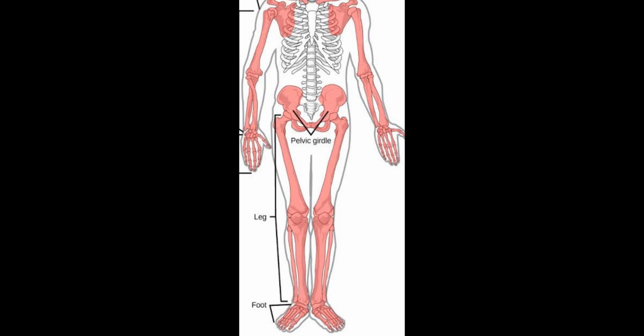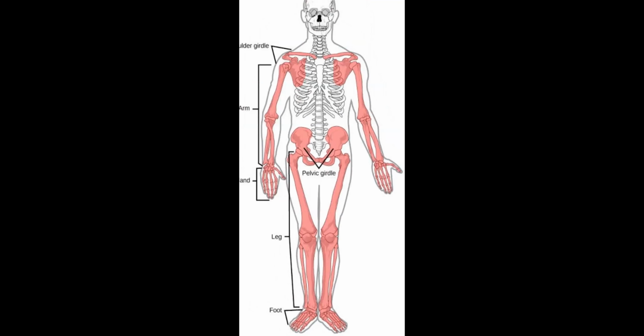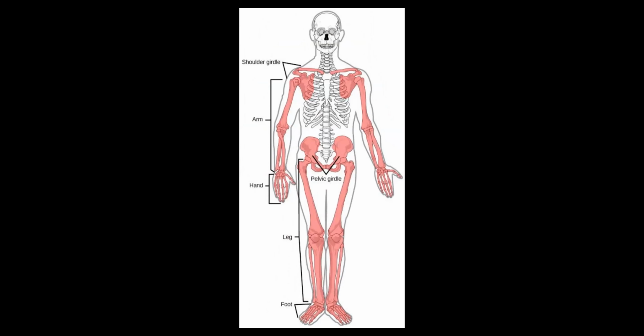If I ask you total number of bones in your limbs, 120. Total number of bones in your appendicular skeleton? Exactly, 126.